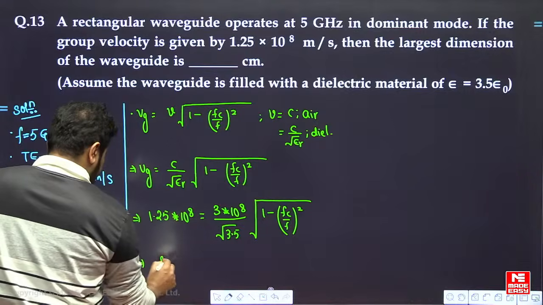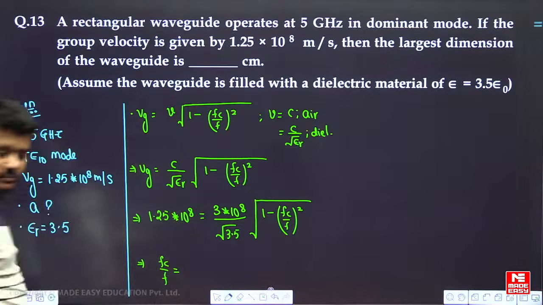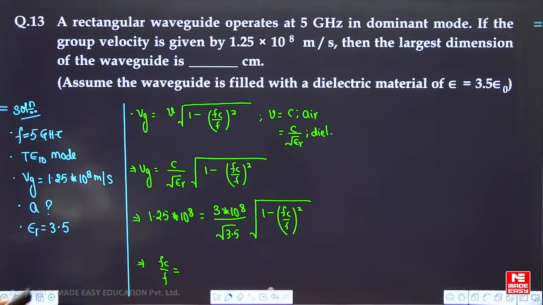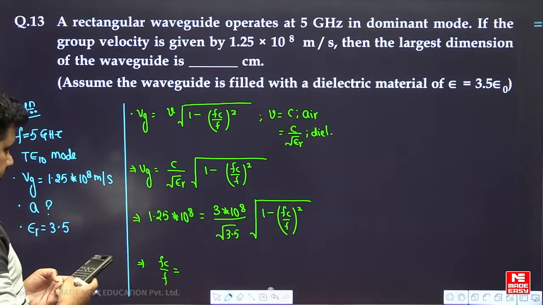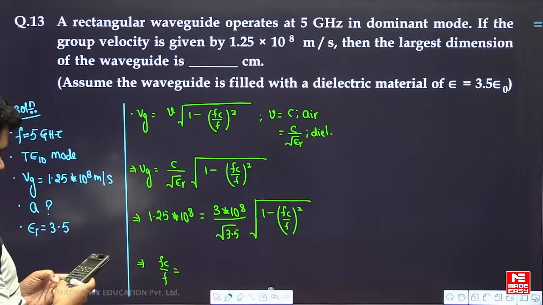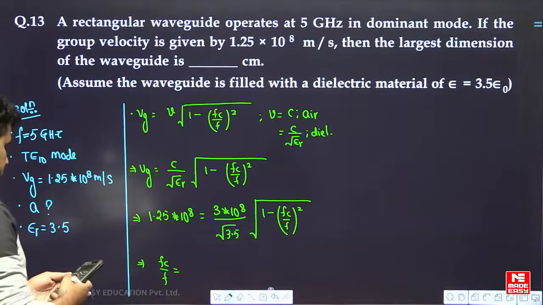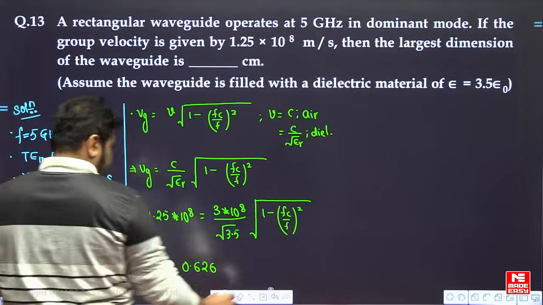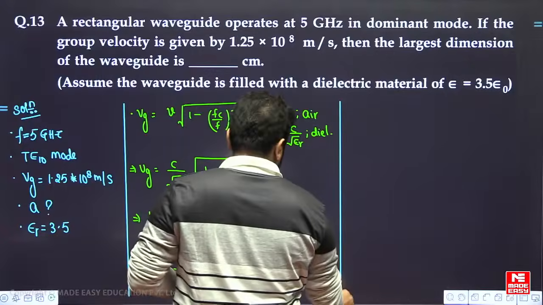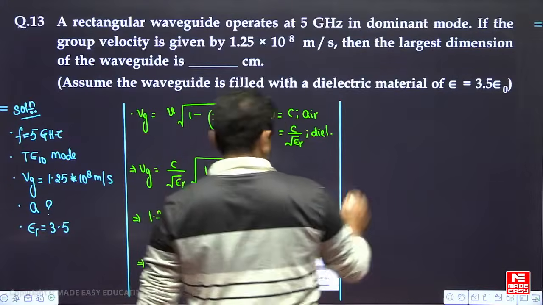Let us calculate the value of Fc upon F: 1.25 into 10 to the power 8 multiplied by root under 3.5, divided by 3 into 10 to the power 8. That is 0.626, right? So from here I can get the cutoff frequency value.